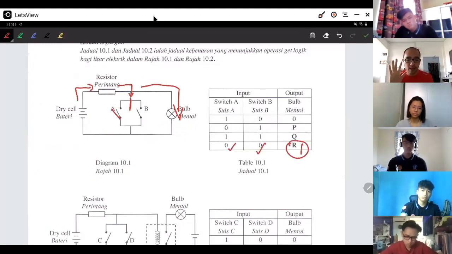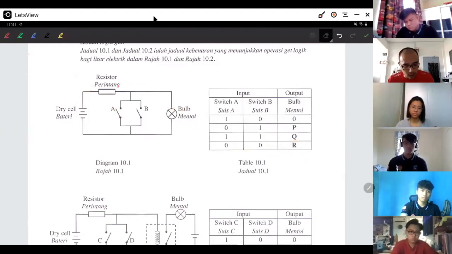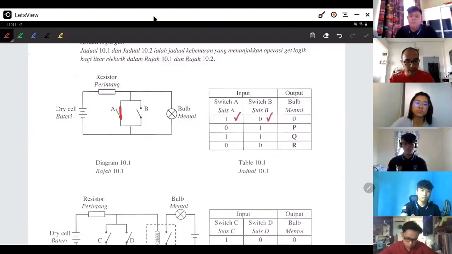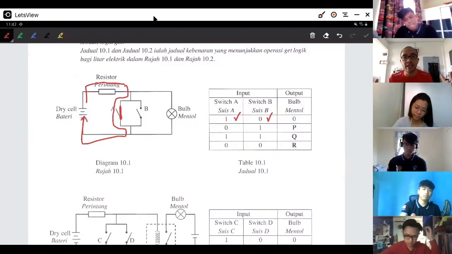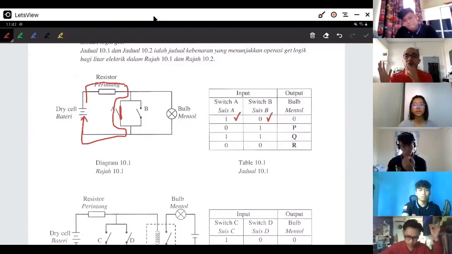Now, if this one is on and this one is off, so we're talking about this case. What happens now to the current? Since there is an easier way over here, the current will flow through this direction. Because remember, current is like every other teenager in this world. They always like to find the fastest way out, the path with the least resistance.